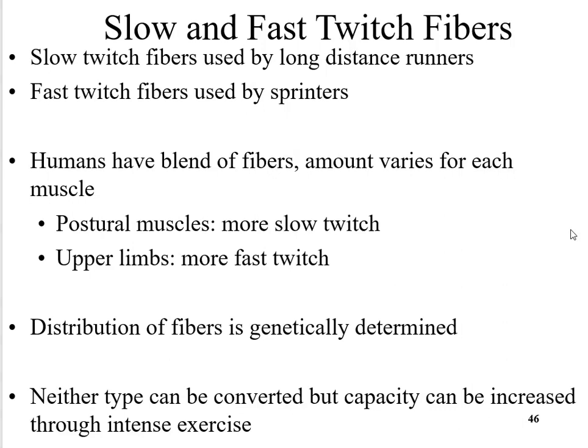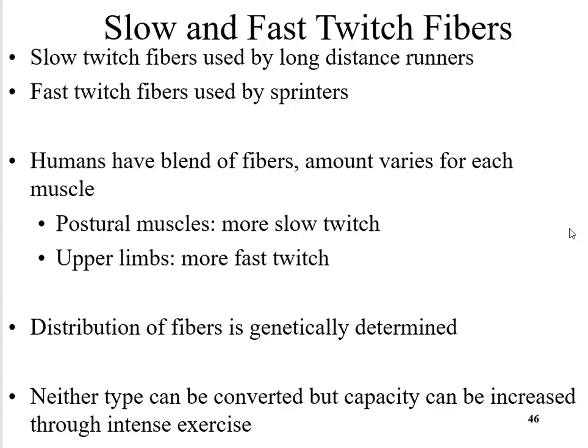In humans, we don't have entire muscles that are composed of either slow or fast twitch fibers. We have a blend. But the amount varies per muscle. If we rely on those muscles more for slow, sustained, low-intensity contractions, they'll have comparably more slow twitch fibers.